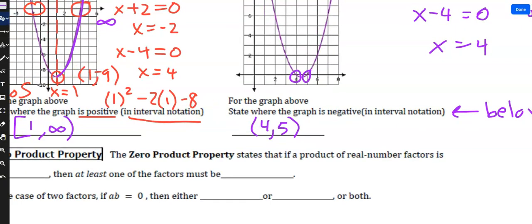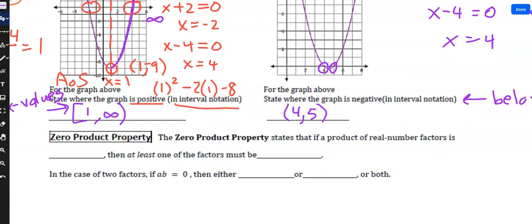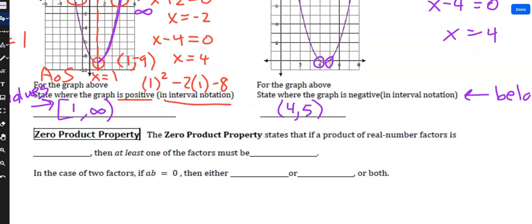So, don't be that. Now, here comes something called the zero product property, which we've already kind of looked at here, but we're going to state it more formally. The zero product property states that if a product, that means multiplication, of real number factors is 0, then at least one of the factors must be 0.